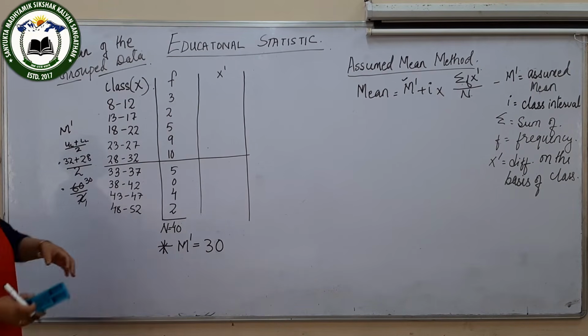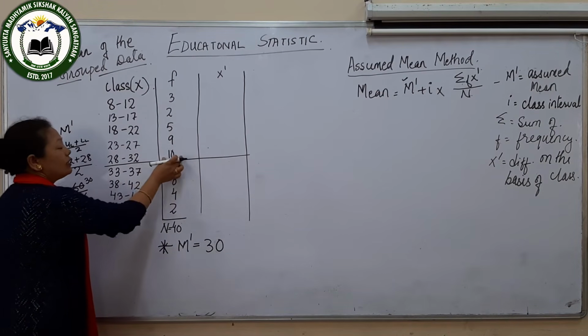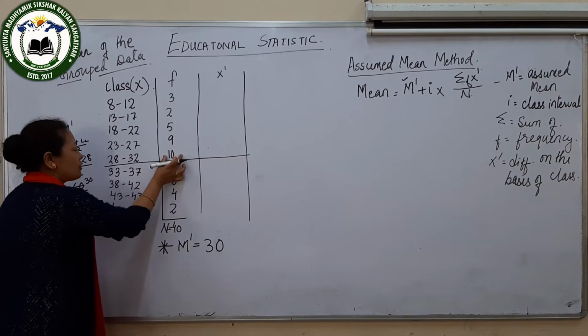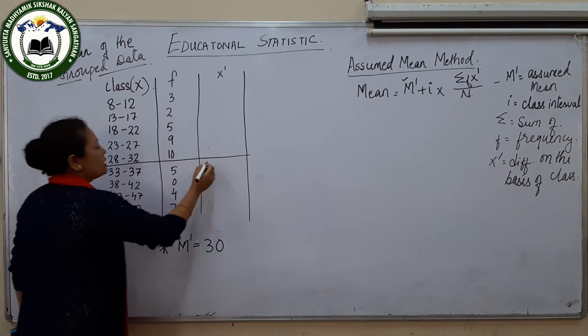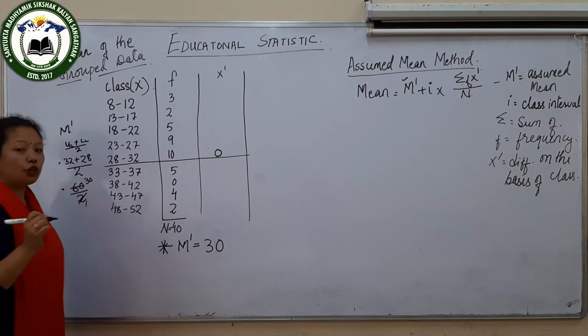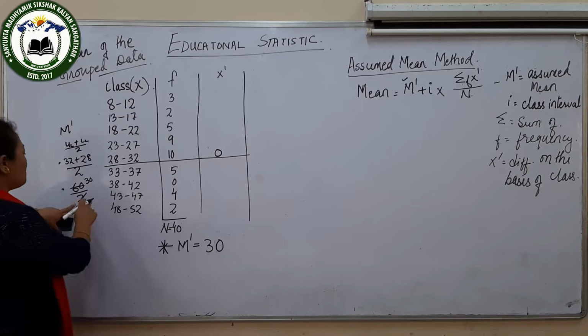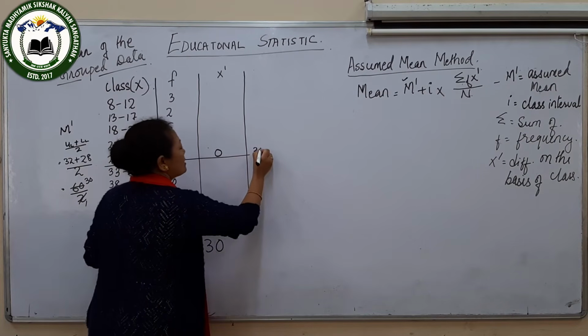Now, the next thing which we require is the x dash. As I told you earlier, I have taken the class with the highest frequency. Now, what I will do, I will write over here 0. I will show you why. Because my m dash is 30. Suppose my m dash is 30.